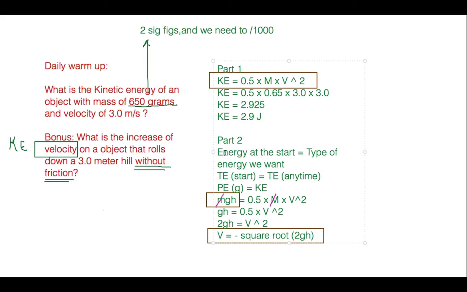And it's not letting me type. Oh, there we go. Okay, so we plug in, the velocity is going to be minus the square root of 2 times 9.8 times 3. And the square root of that is 7 point something.